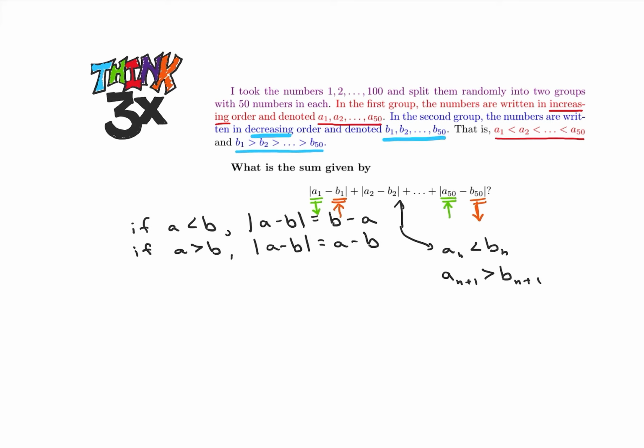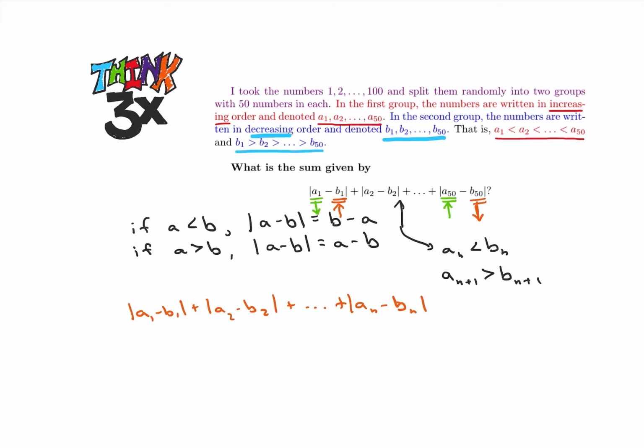So if I think about that transition point, I'm going to have a sub 1 minus b sub 1 plus a sub 2 minus b sub 2 plus all the way up to a sub n minus b sub n.